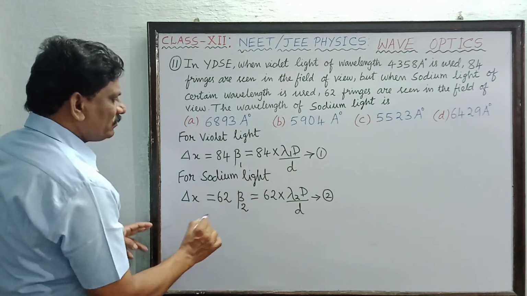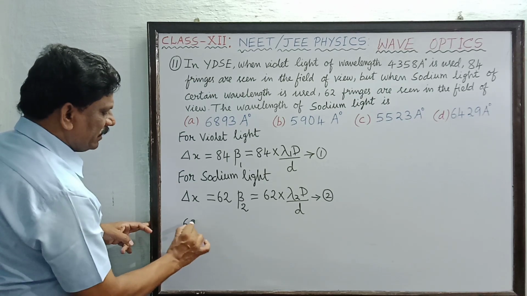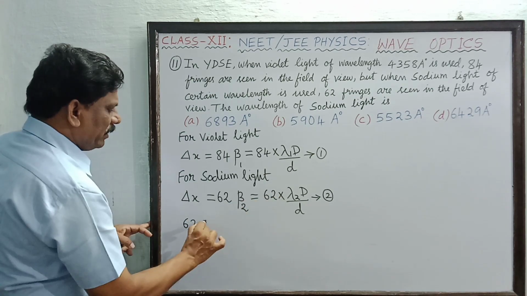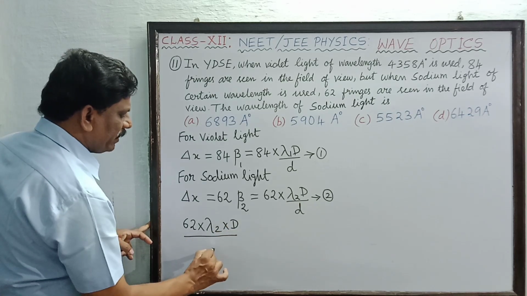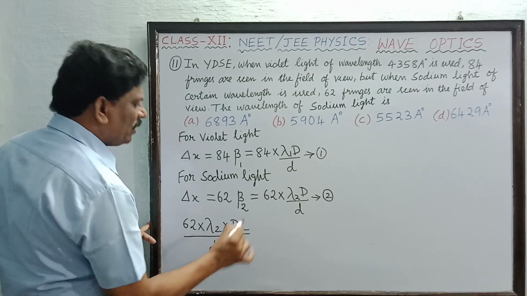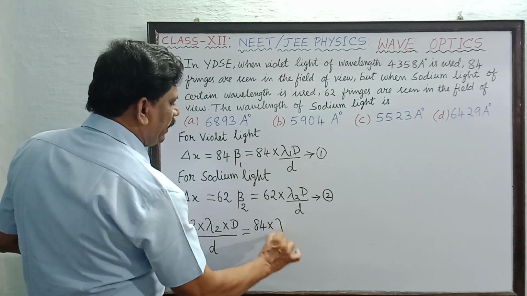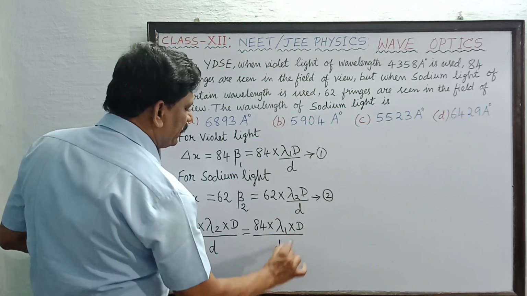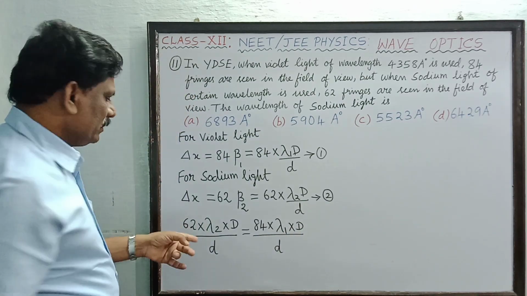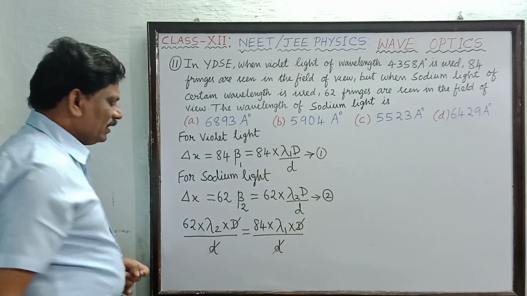So 62 into lambda 2 into D divided by small d is now equal to 84 into lambda 1 into D divided by small d. So the constants D and small d can be cancelled.